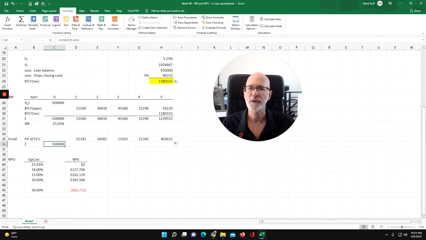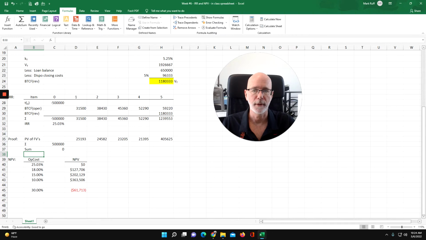Therefore, what we've just done is we've proven that the internal rate of return is the discount rate which causes the net present value to equal 0. If I were to take my 500,000 out and add it to the sum of these discounted back future values, we would get a sum of 0.